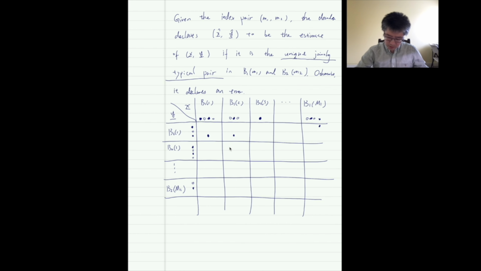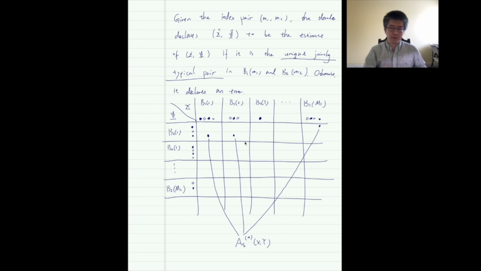So basically we say, okay, those might be in the jointly typical set, right? And this point is our decoded message, or the estimate of x and y. If no such point exists, or there are more points in these two bins, then we declare an error.